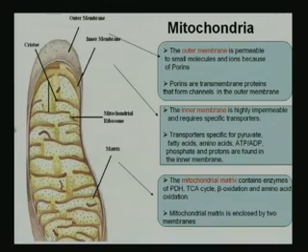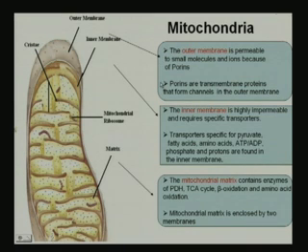When we see the structure of mitochondria, we can find the outer membrane, the inner membrane, and mitochondrial ribosomes and matrix inside, and the inner membrane is infolded and forms the cristae-like structure.